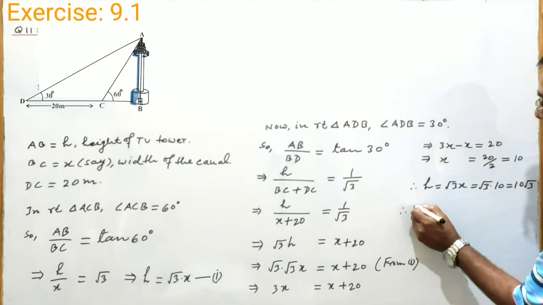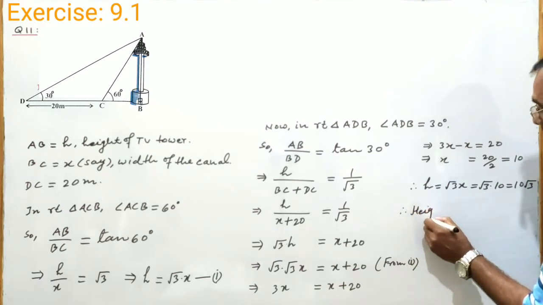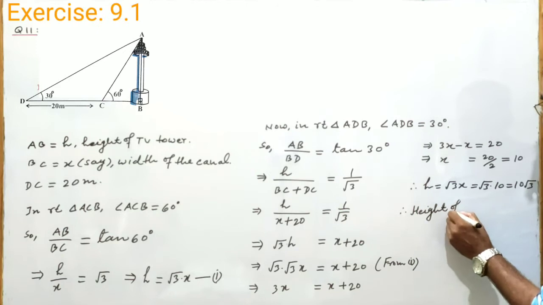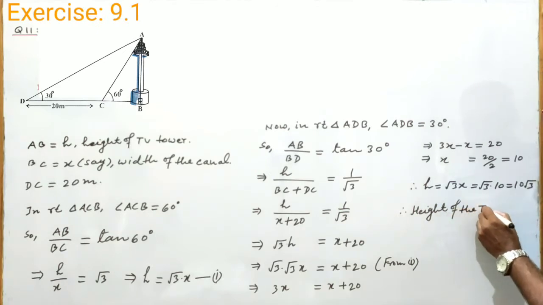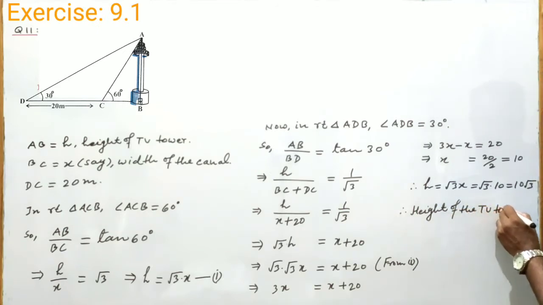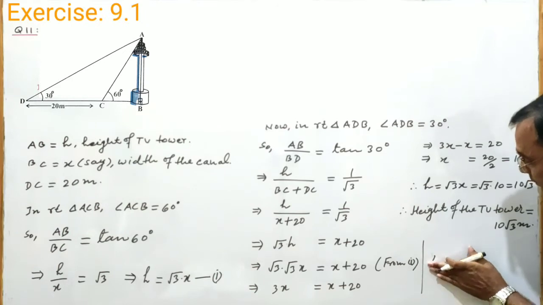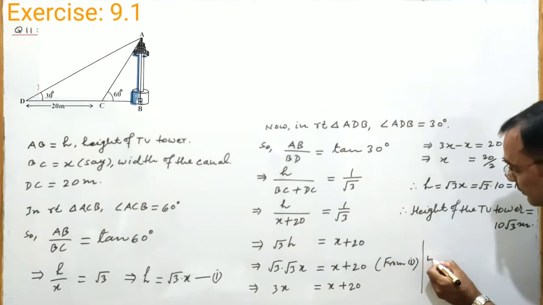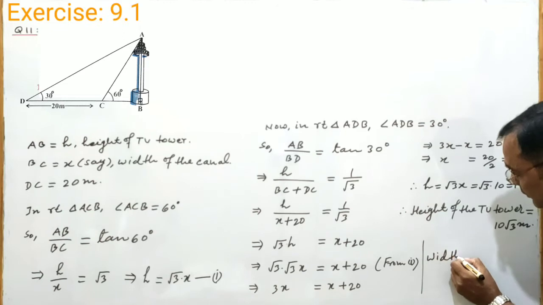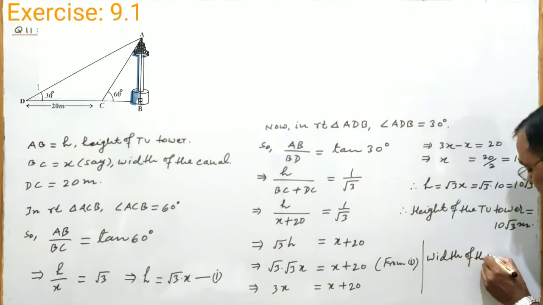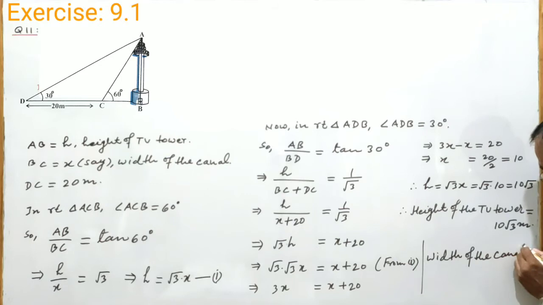So therefore height of the TB tower equal to 10 root 3 meter, and width of the canal equal to 10 meter.